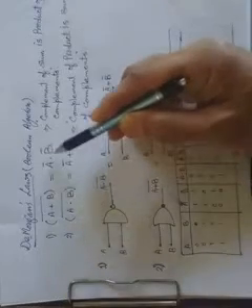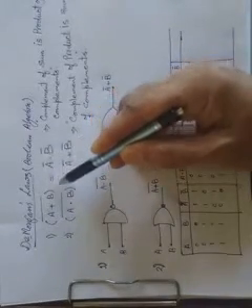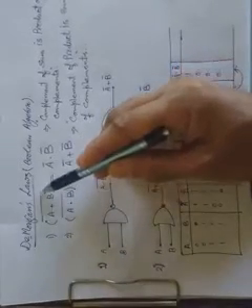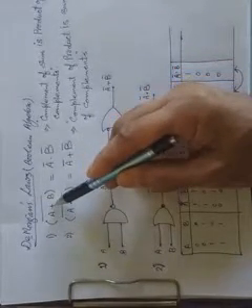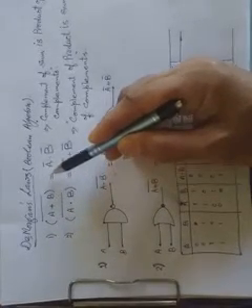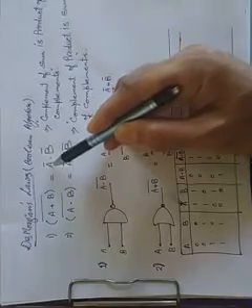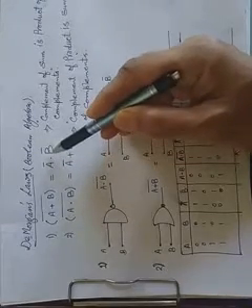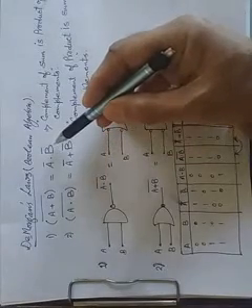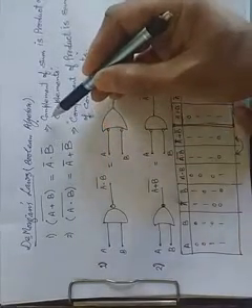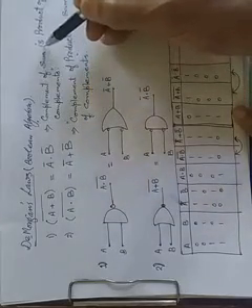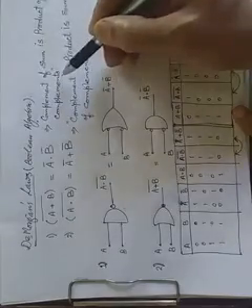Going through this relationship, we can sum it up with the statement that the complement of the sum of the variables is equal to the product of their complements. In simple, short and precise terms, complement of sum is product of complements.